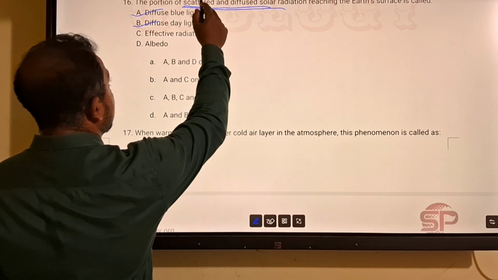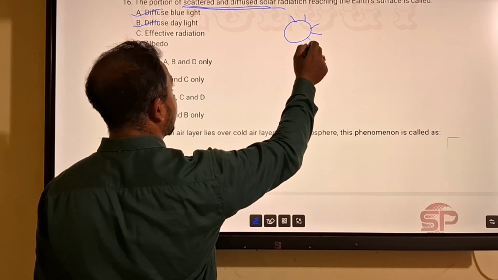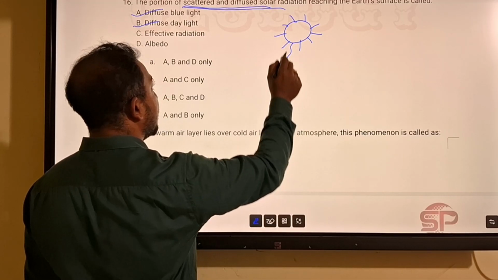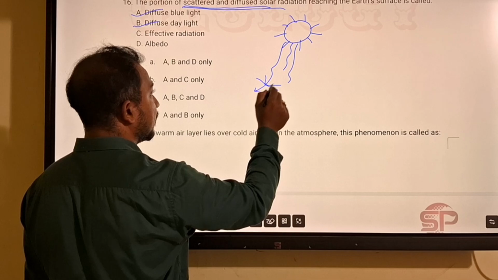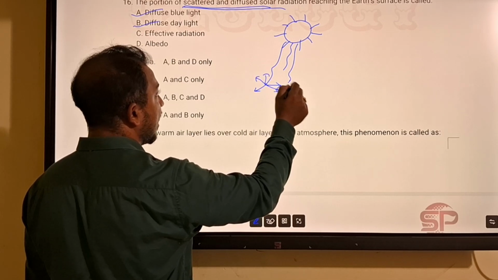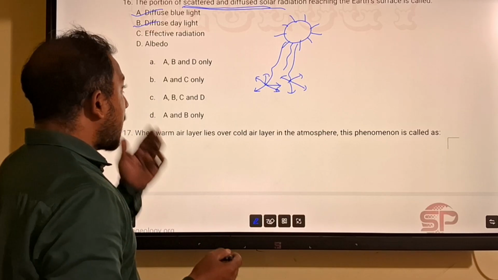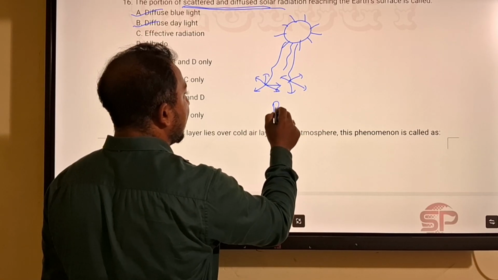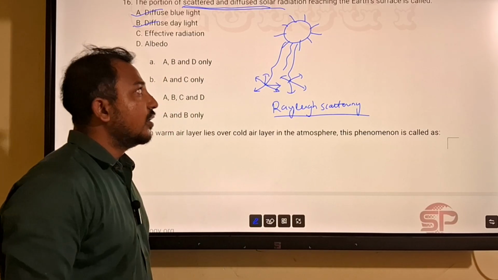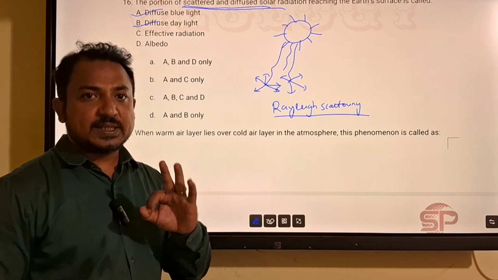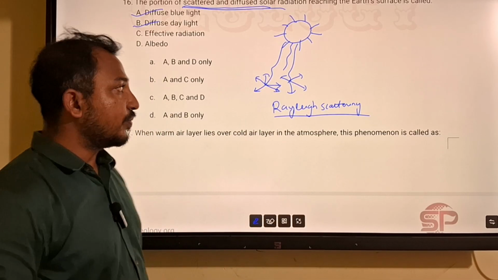How? Suppose this is the sun. The rays coming from the sun are scattered in the atmosphere like this. You can call this Rayleigh scattering. When rays interact with very small particles, they produce an effect called Rayleigh scattering.